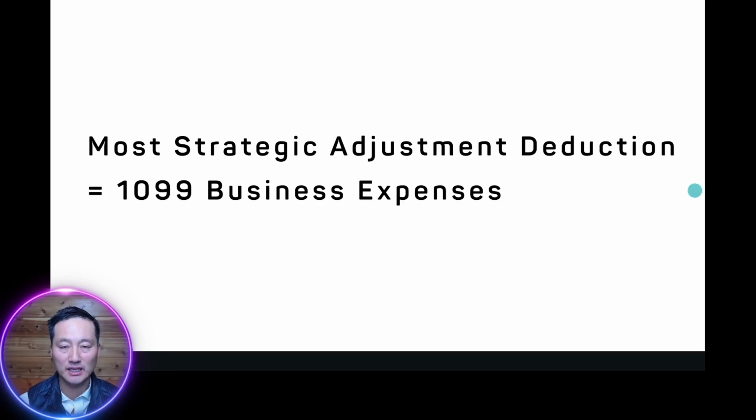That means if you incur legitimate business expenses related to your moonlighting business activities, that will create adjustment deductions, which in turn lowers your AGI. Then you can qualify for free money and additional deductions.